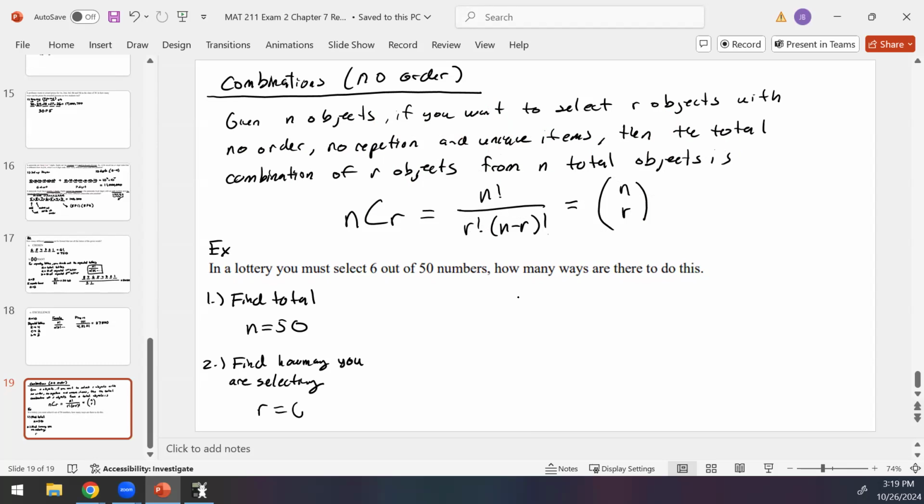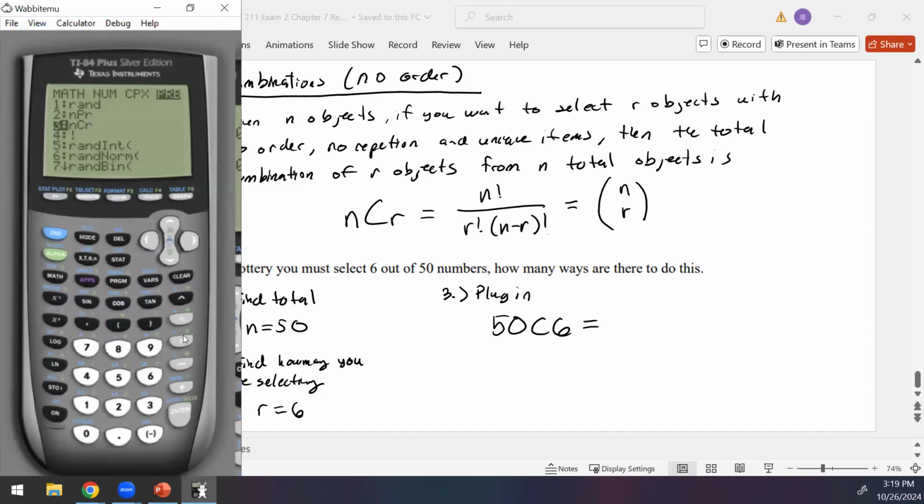Well, I'm just picking 6 of them. And then step 3 is to plug in. 50C6 is equal to, so go to our calculator, type in 50, math, PRB, option 3, and then 6, and it's that really large number, right?